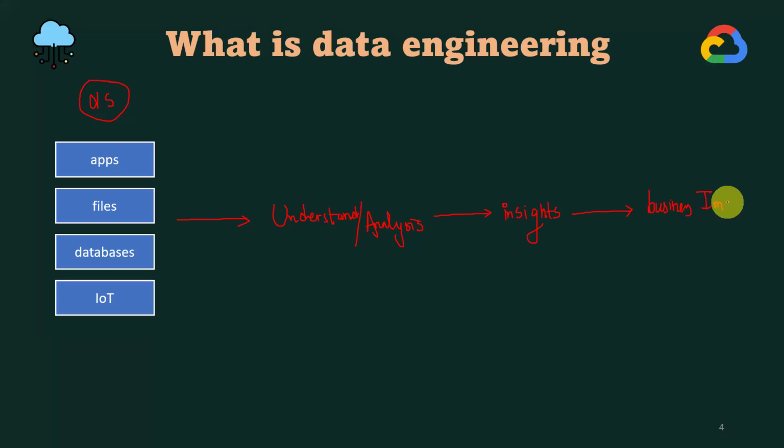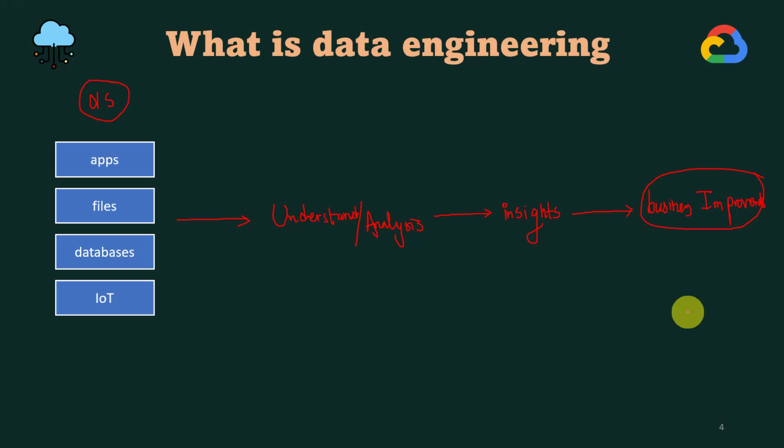So what the business decision makers think is that whenever you have a lot of data coming from these multiple data sources, if you try to understand or analyze the data, it is going to give you some insights, and these insights are very useful for business improvement. What does business improvement mean? Increasing the customer sales, increasing the customer count, improving customer satisfaction.